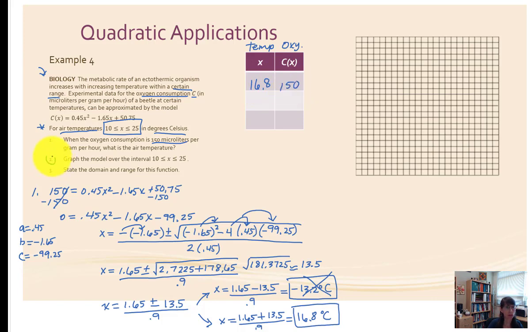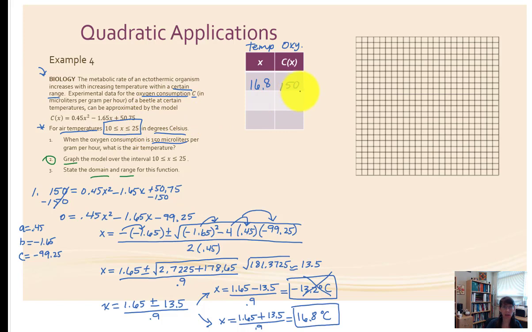For part 2, we're now going to graph our model from this interval of 10 to 25 degrees, and then we'll state the domain and range. So our temperatures for input must fall between 10 and 25 degrees, so nothing negative there.